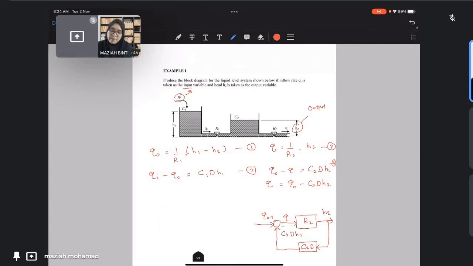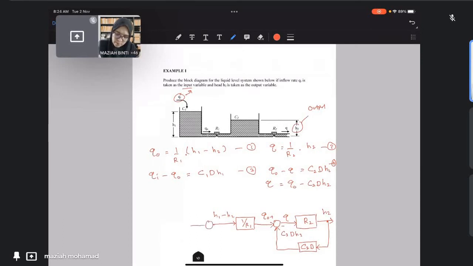Right, and then for Q naught, I'm going to use equation number 1. So Q naught is 1 over R1, and the input is H1 minus H2. Again, it is a summation point.